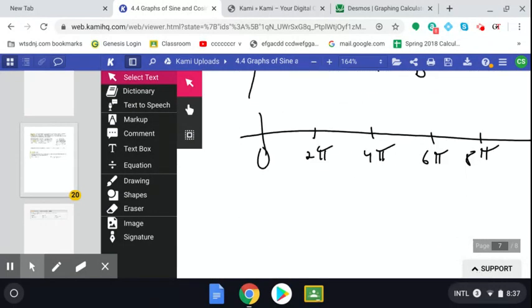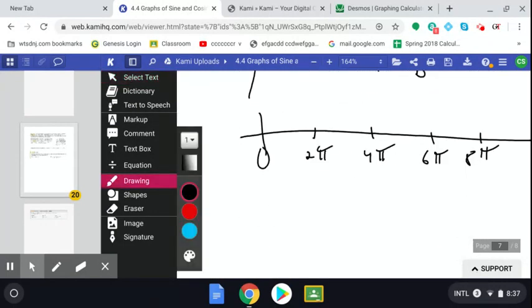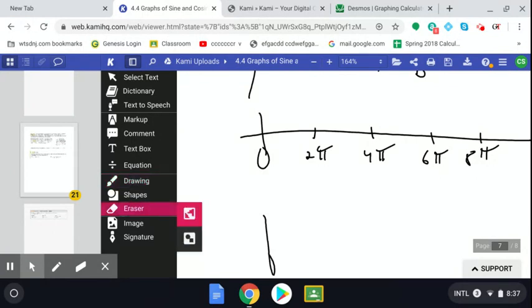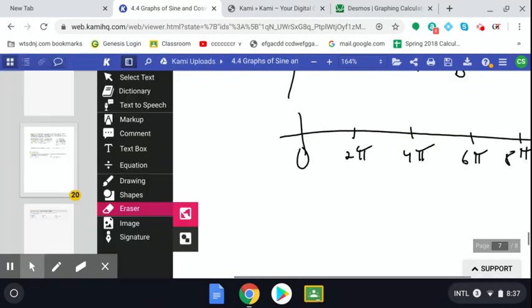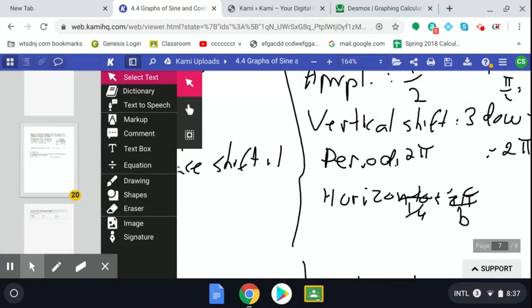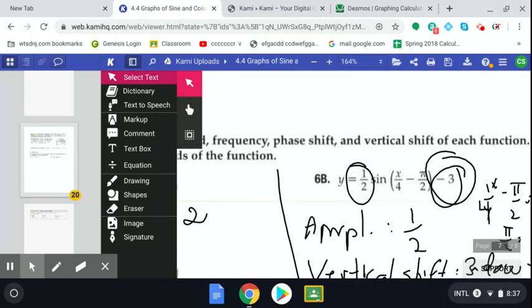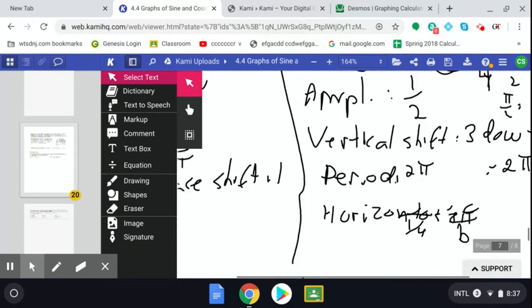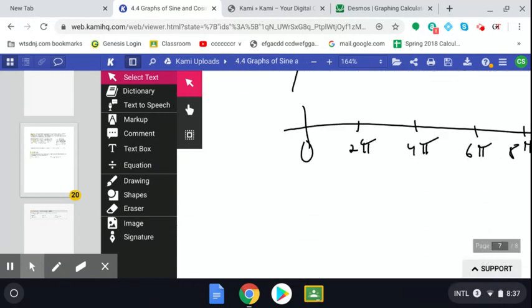So I'm going to start over here. So we're talking vertical shift 3 down, and it's 1/2, so that means the amplitude is 1/2.